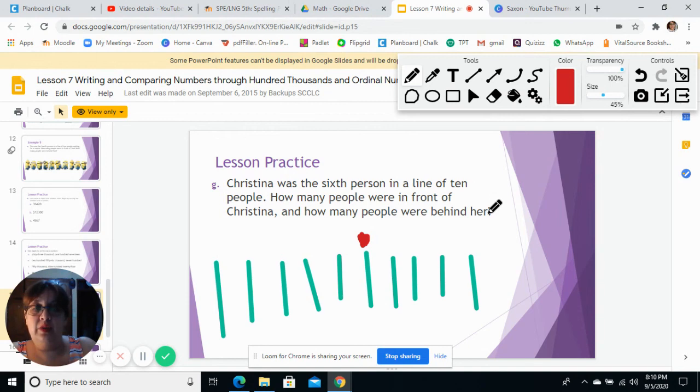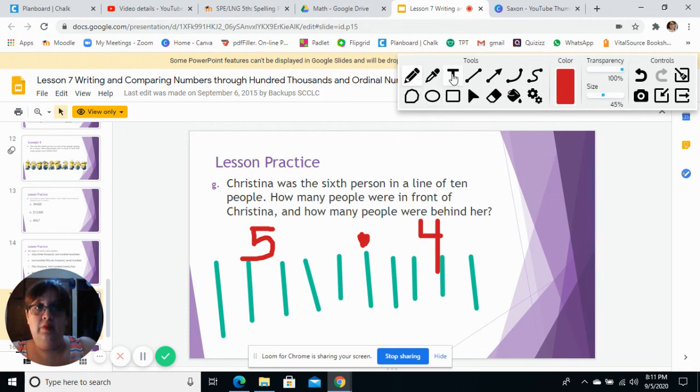Okay, now it asks how many people were in front of Christina and how many people were behind her. So the only way to figure that out is to count in front of and behind. 1, 2, 3, 4, 5 people in front of her. And 1, 2, 3, 4 people behind her. Okay?